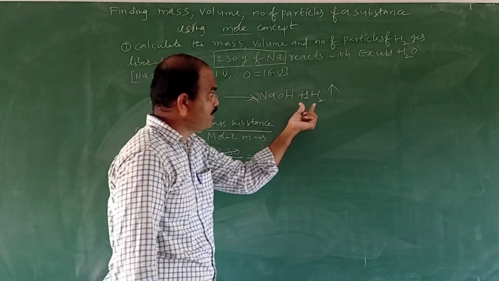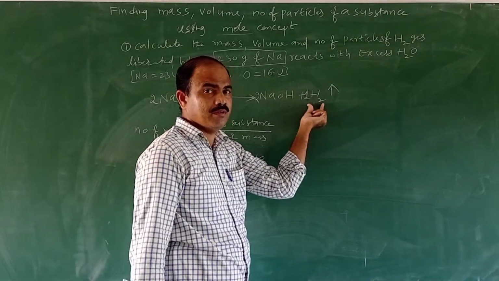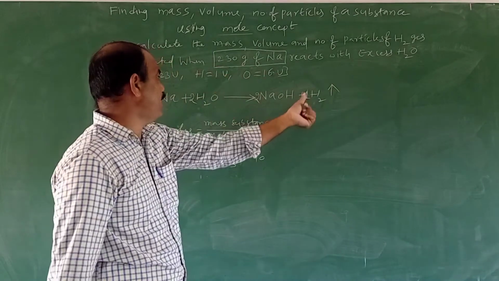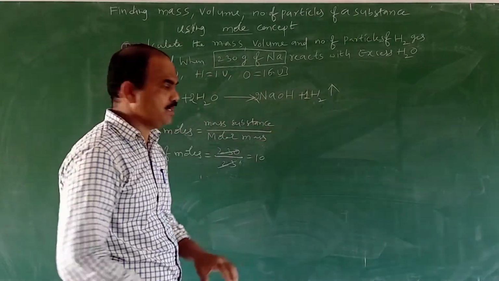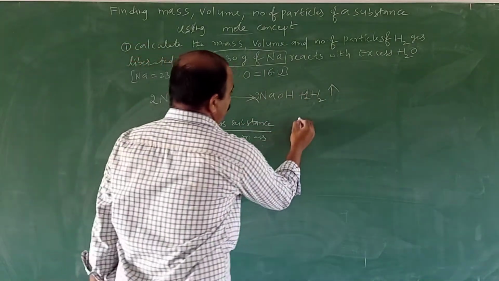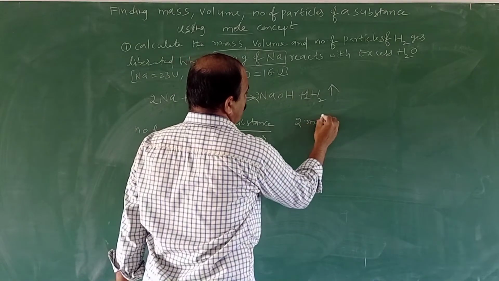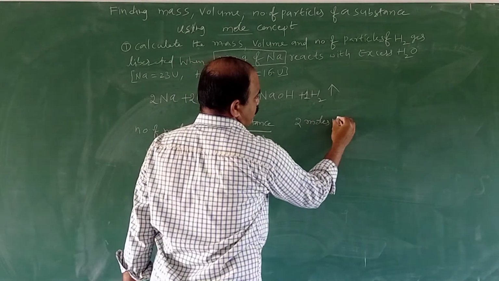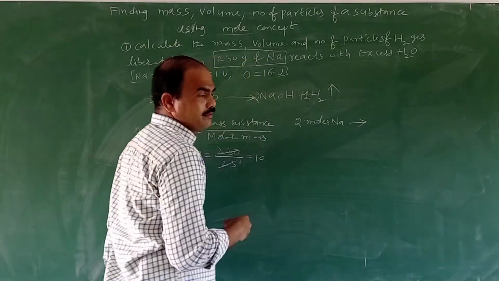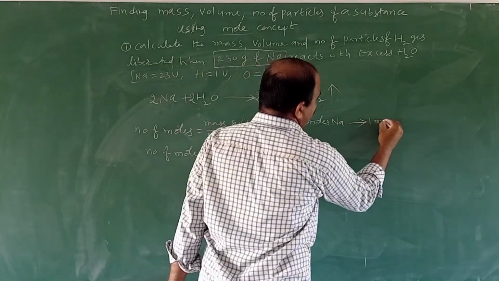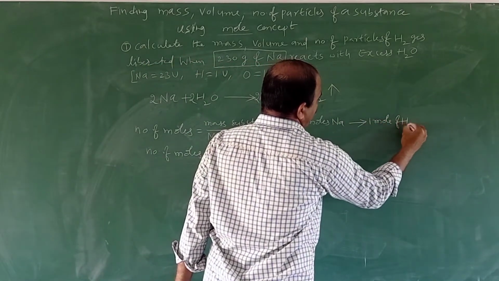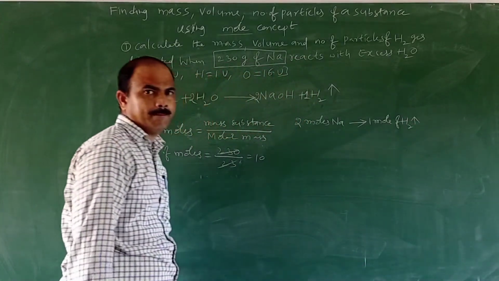Then how many moles of hydrogen gas will be produced? According to the balanced chemical equation, 2 moles of sodium will react and 1 mole of hydrogen gas is produced.